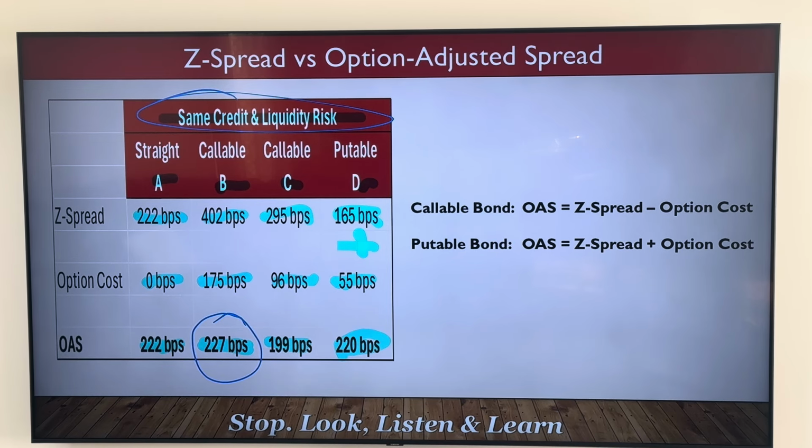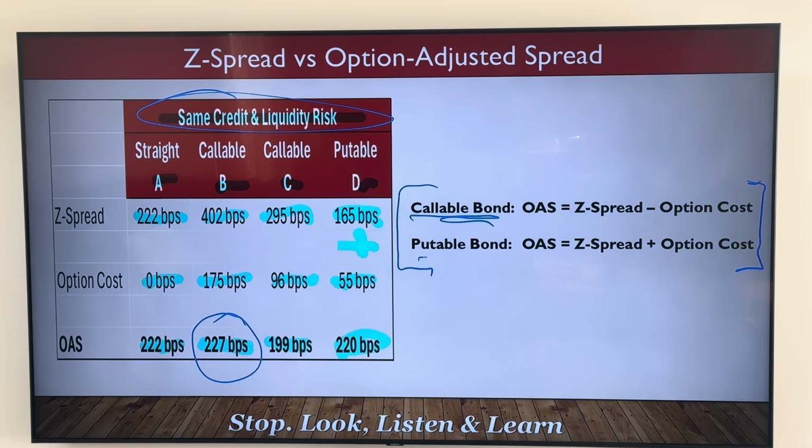And so the key takeaway here is you want to basically understand these two equations. With respect to a callable bond, the option adjusted spread is going to be equal to the Z spread, which they will give you, minus the option cost. So you figure out what the spread would be if the bond did not have the call option.